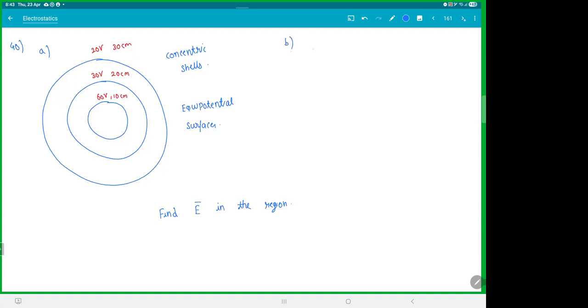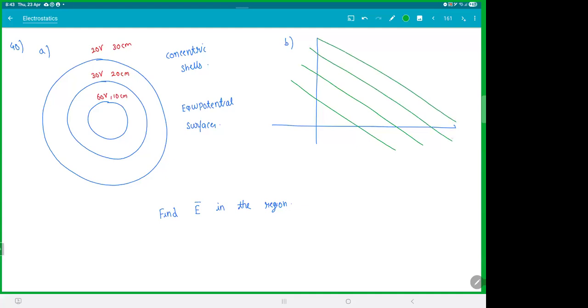If I give you another type: these planes are equipotential, parallel planes. Let's say this is 40 volt, 30 volt, 20 volt, 10 volt. This distance is 10 centimeter, comma 0.